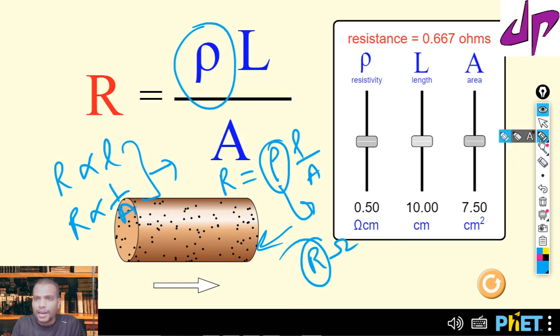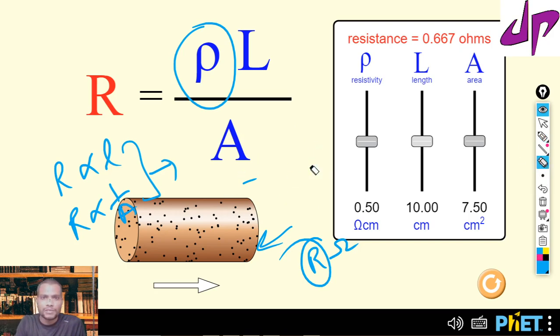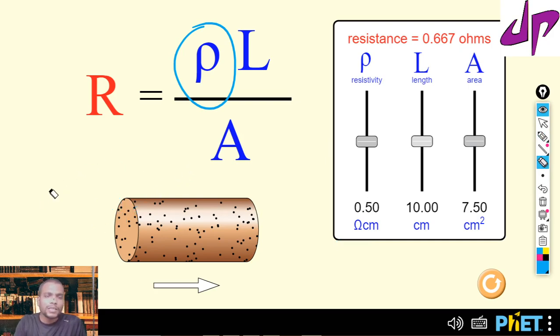Now finally I define two things. One is resistance, and which factors affect resistance, and because of those factors we encounter resistivity. And resistivity is purely a material property. If you change the material, the resistivity changes.